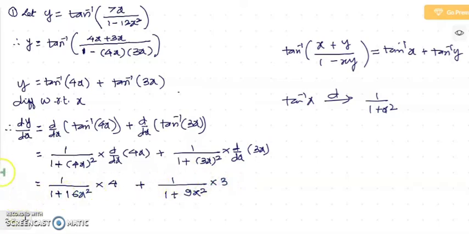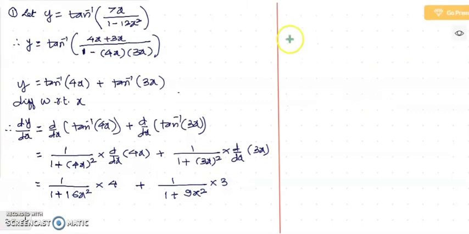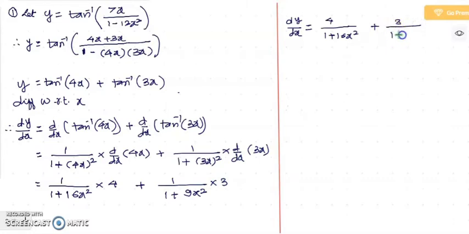Now we can write everything as dy by dx is equal to 4 upon 1 plus 16x square, plus 3 upon 1 plus 9x square. So this is the derivative we wanted.